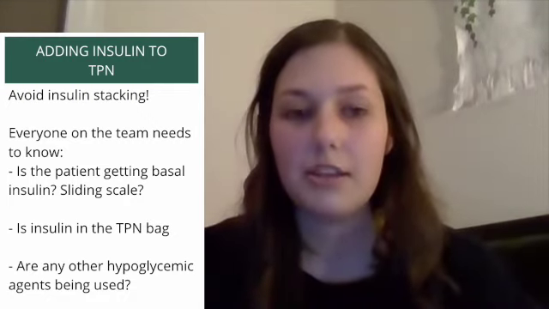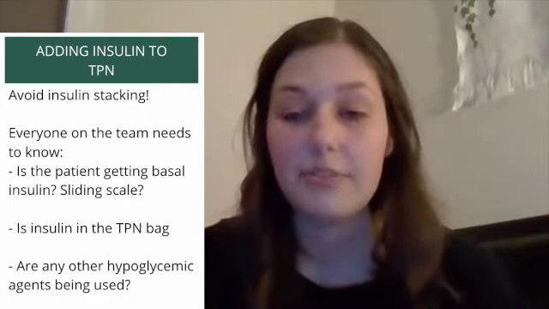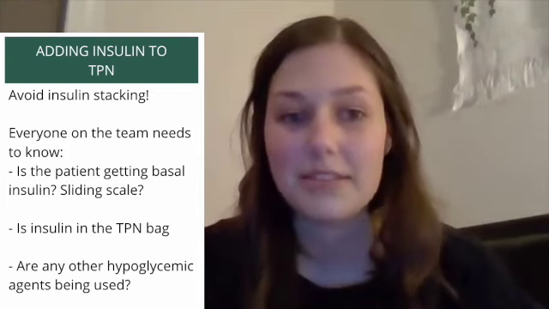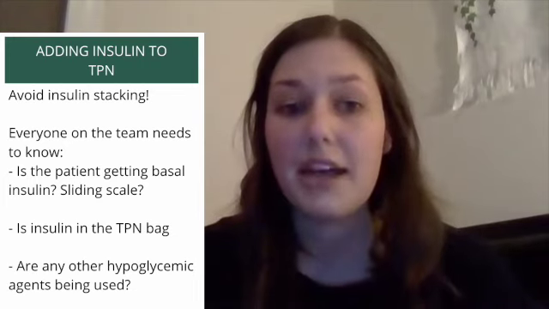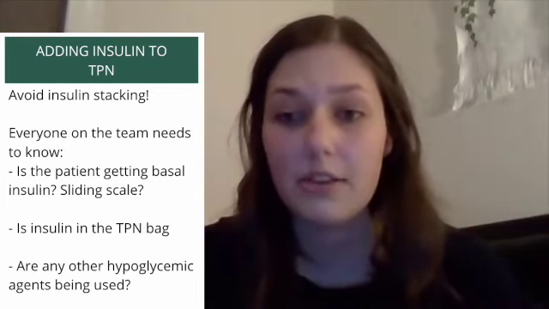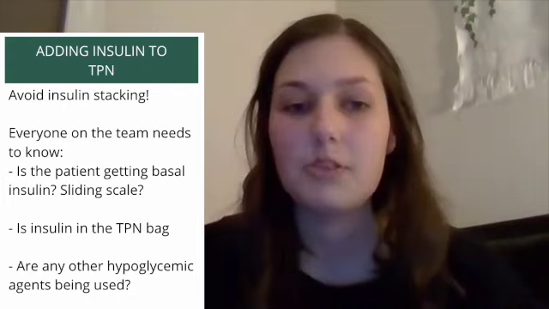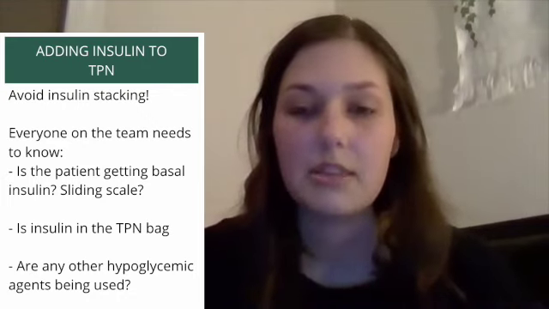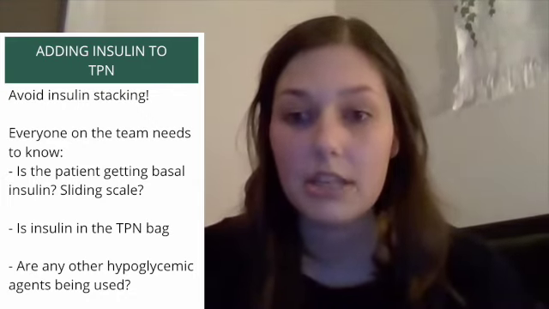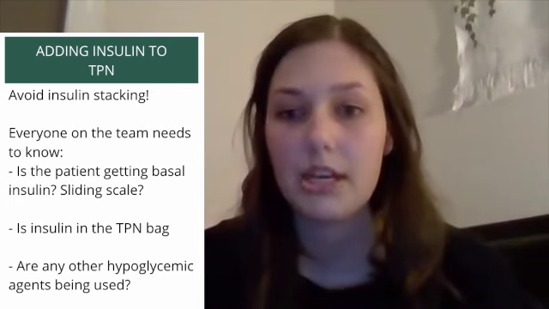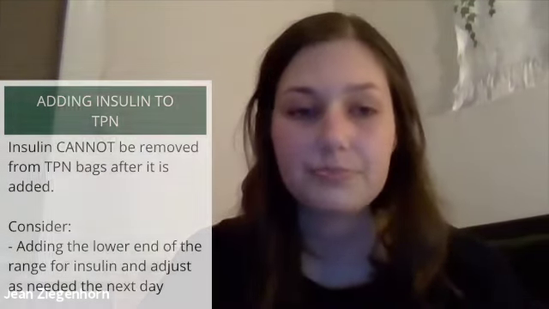So make sure that, if you're adding insulin to the TPN, everyone knows if the patient is on basal insulin, if they're getting a sliding scale for coverage, or if they have any sort of other hypoglycemic agents on board. We want to make sure everyone on the team is aware so that the glucose can be monitored accurately and we can avoid creating any sort of hypoglycemia.